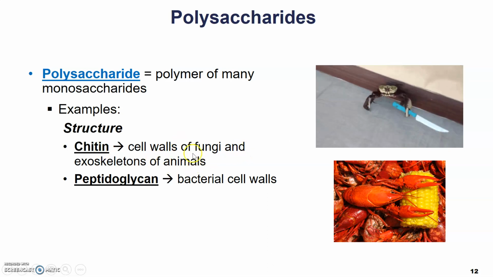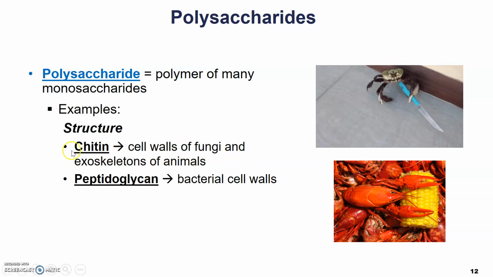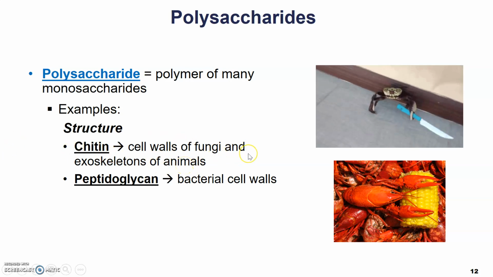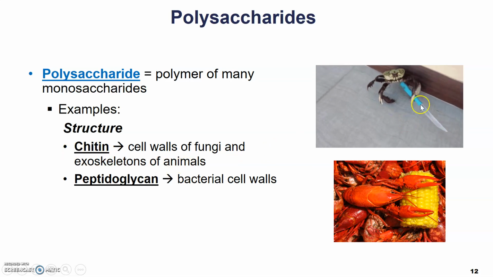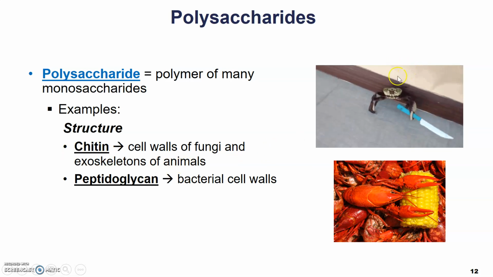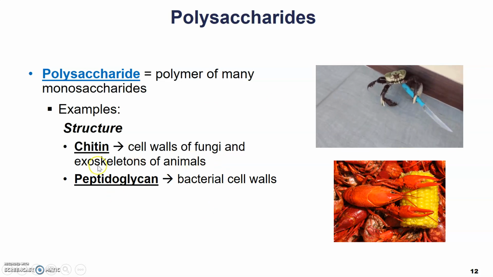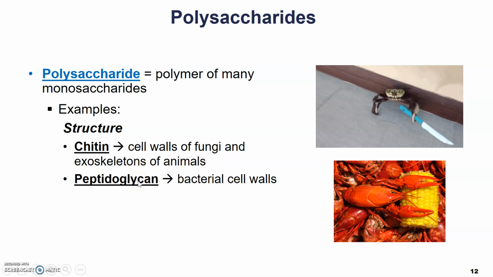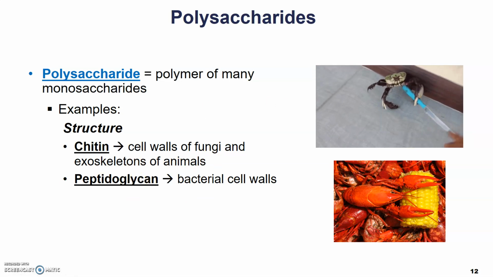It makes up the cell walls of fungi, like mushrooms. And it also makes up the exoskeletons of certain animals. So the exoskeletons of insects, as well as exoskeletons of crustaceans like crabs and lobsters. Peptidoglycan is another complex carbohydrate, and that makes up the cell walls of bacteria and other prokaryotes.